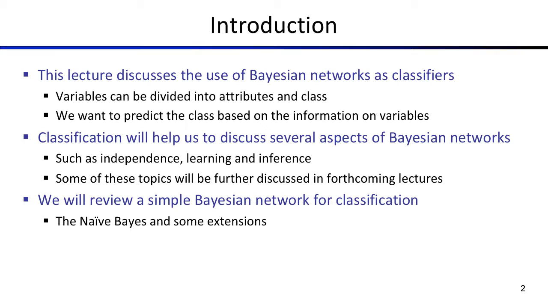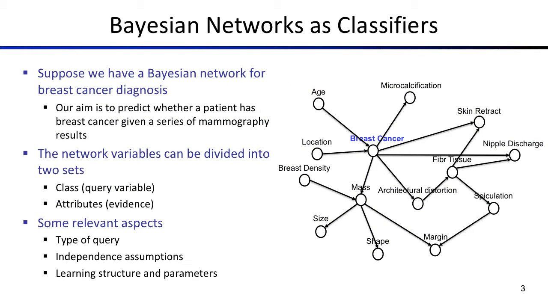I think that's going to be an interesting exercise because we will be able to discuss some topics that we have covered before, like independence, and also some other topics that we're going to see in the future, like learning and inference. It will also be an opportunity for discussing naive Bayes and a few extensions, and we'll see that these are very simple Bayesian networks. So in order to make this discussion more concrete, let's take one example.